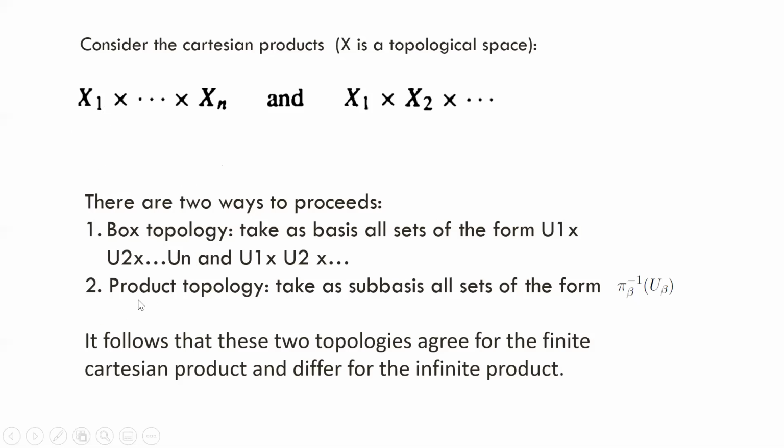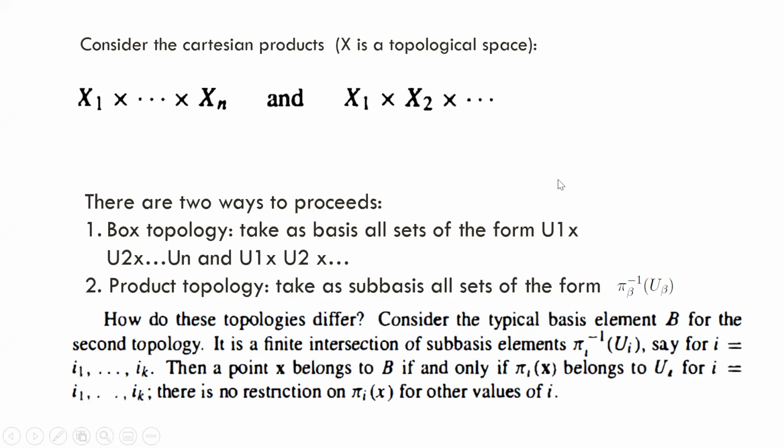The second type is the product topology. We take as basis all sets of the form this thing. This is the projection map.